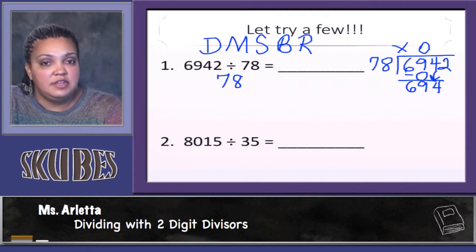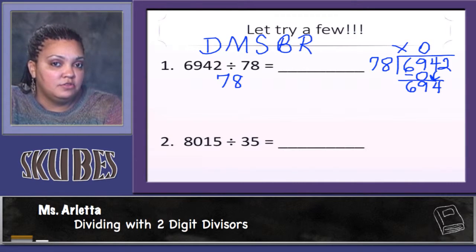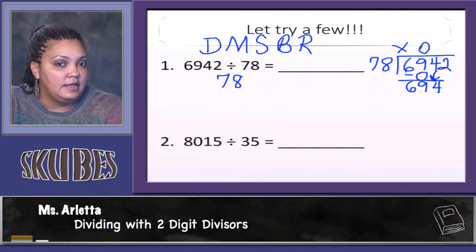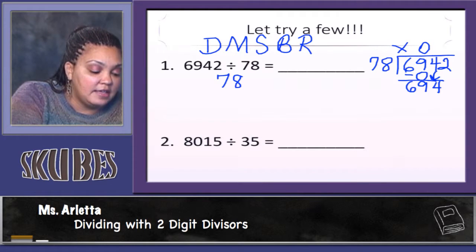We know that 70 times 8 is 560. That's a little too low. What about 70 times 9? 7 times 9 is 63, so 70 times 9 would be 630, and 630 is real close to that 694 which we're dividing. So let's say 78 times 9.